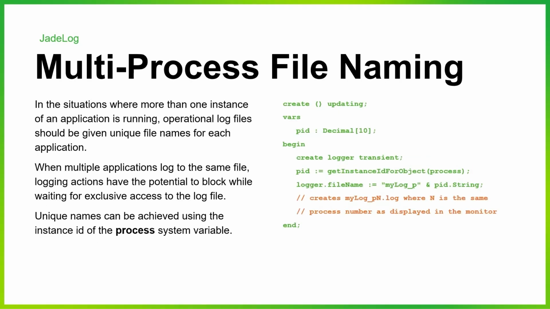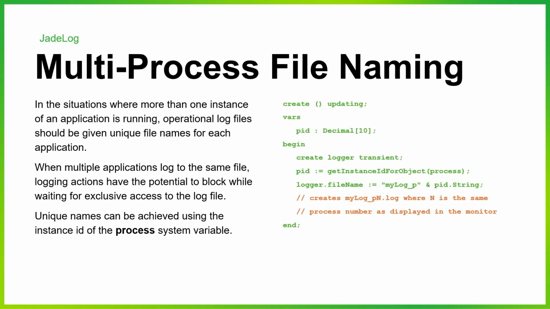Another thing to consider when naming files is how many applications will access this file. So if you have multiple copies of the same application running, and you have a piece of common code which sets up the name of your log file, essentially what you've done now is you've got multiple threads all accessing the same log file, and this means that logging operations will take longer because they block on each other.